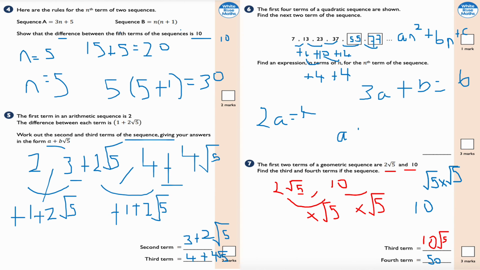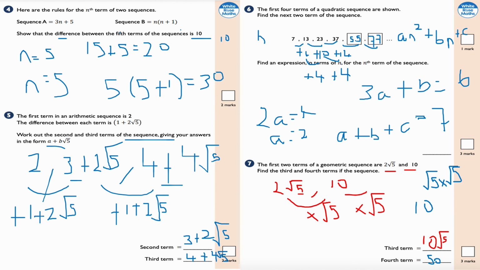Okay, and I've got to work out what my values a, b, and c are by solving each equation respectively and subbing the values into the next equation. So 2a is equal to 4. That tells me that a has to equal 2 straight away. So a equals 2. Putting 2 into here, 3 lots of 2 is 6 plus b is 6.